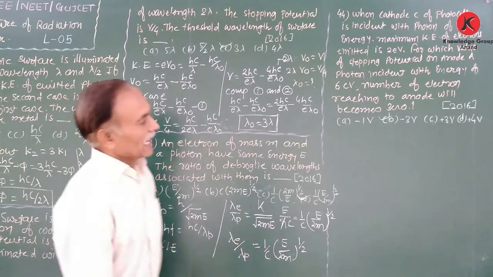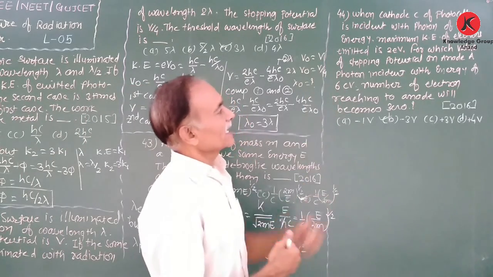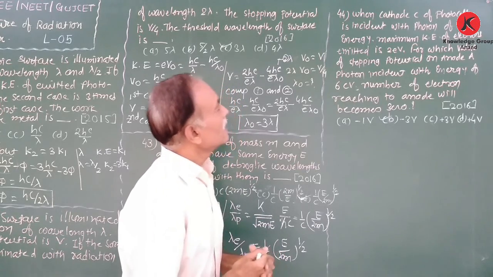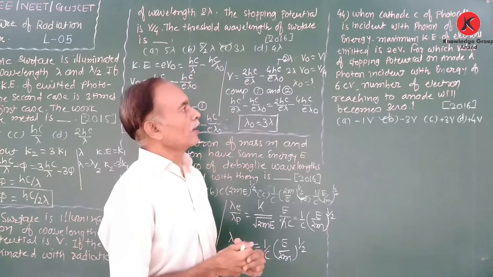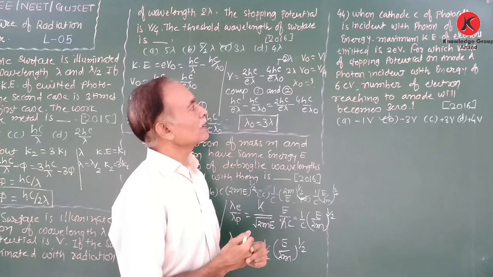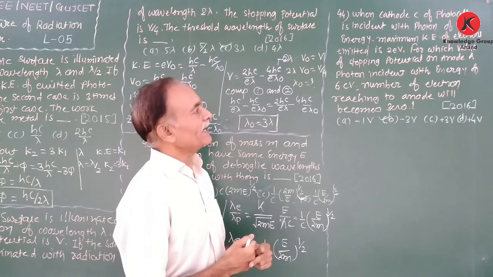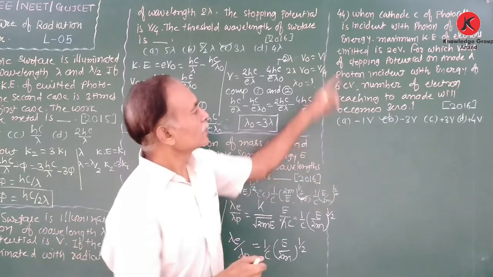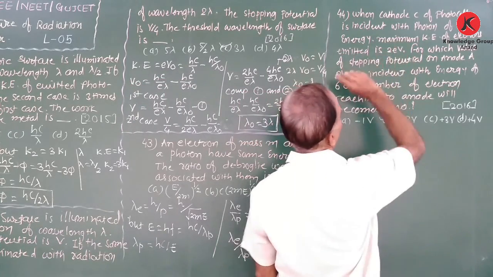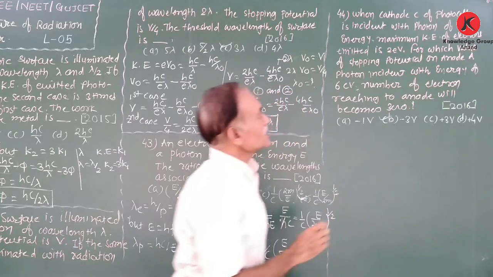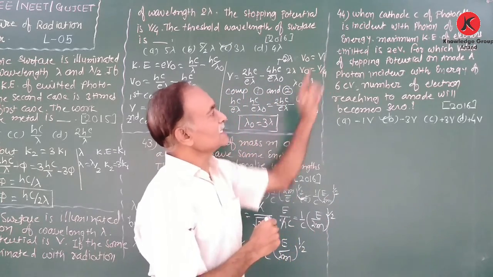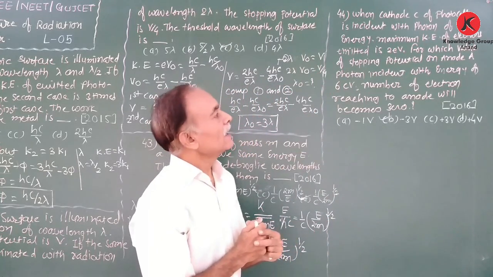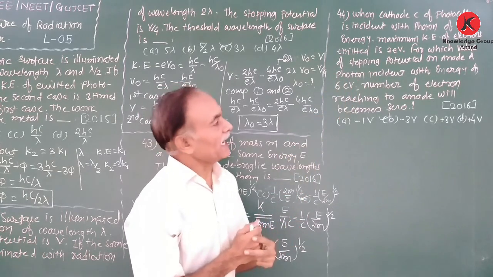Now next, asked in 2016, when the cathode C of photocell is incident with the photon of 5 electron volt energy, the maximum kinetic energy of the electrons emitted is 2 electron volt. Here the photocell is incident with the photon, but the incident energy is 5 electron volt.